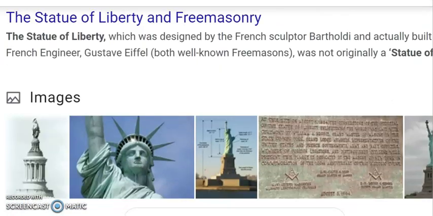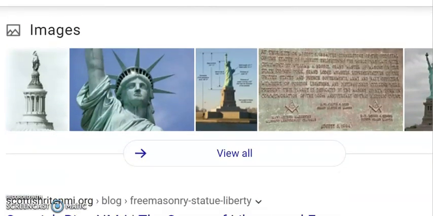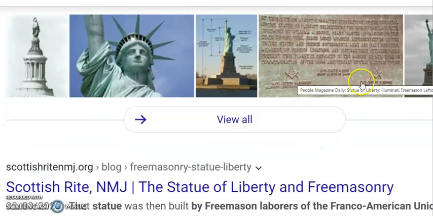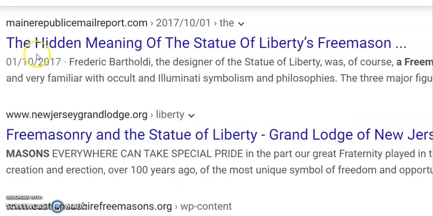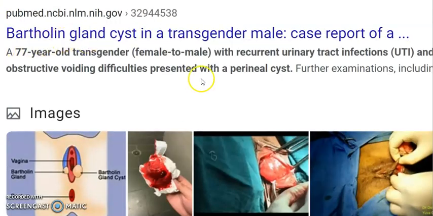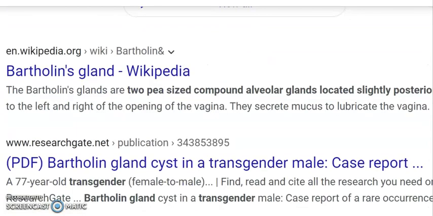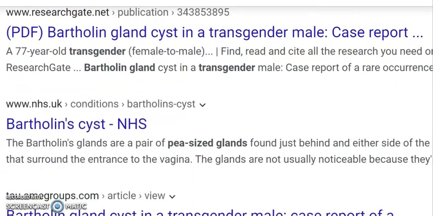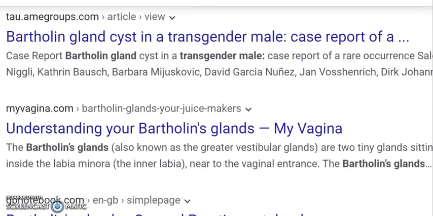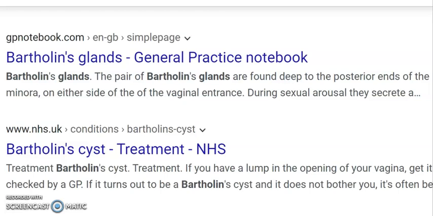Anyway, we've got a lot of code. And of course, the Statue of Liberty, obviously Masonic, and the spouse says it's a male figure. It's the one I'm thinking of, like the Bartholins, and obviously the bath, so it's all coded stuff, right?